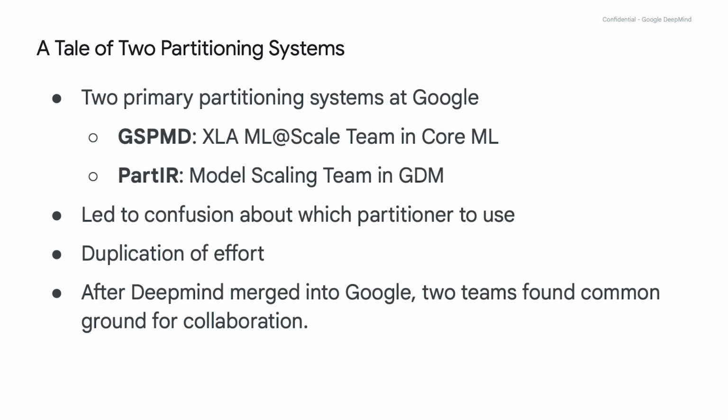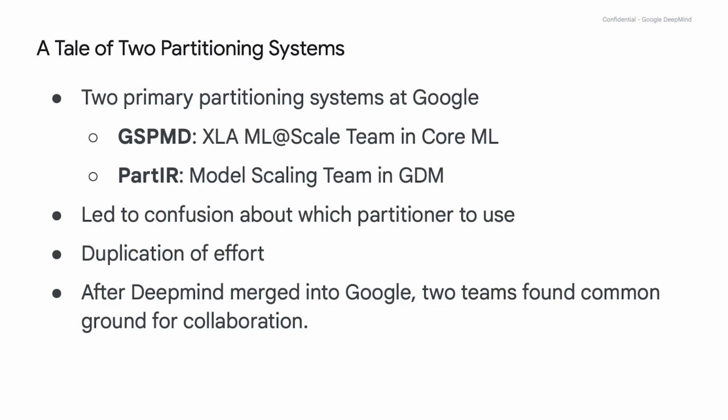We partition the whole computation into several parts. We annotate operation instructions with sharding annotations, then partition instructions and insert corresponding collective operations. The other one is maintained by the DeepMind model scaling team, which is PodIR, another dialect handling the SPMD and MPMD systems for partitioning.